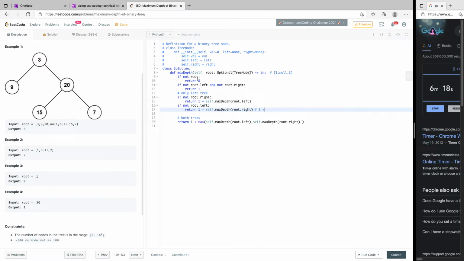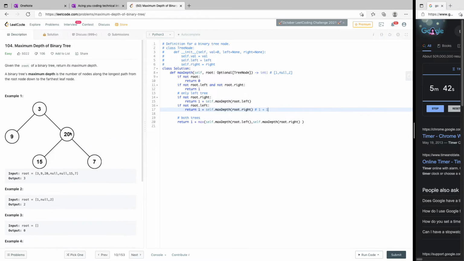Then if not root.left and not root.right, we don't have left, we don't have right, so it returns 1 back here. And this eventually returns 2, which is what we expect. So that makes sense. As you go deeper, it will become much more difficult to trace because we now have a lot of recursion.